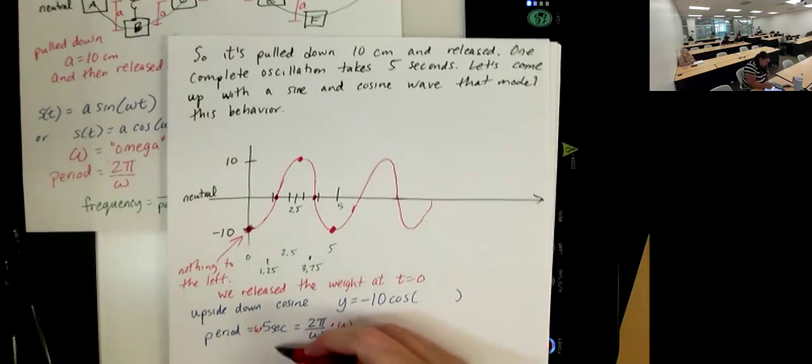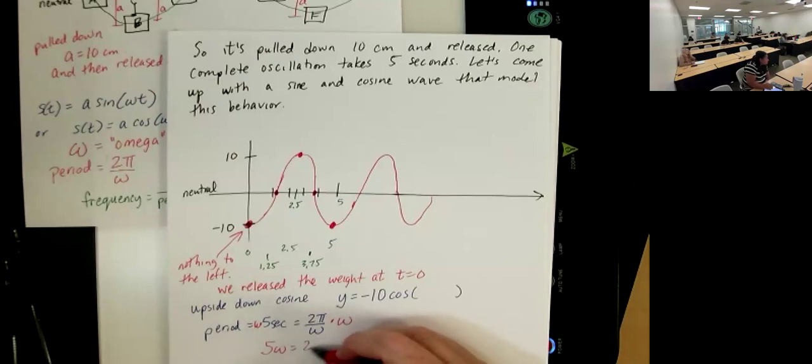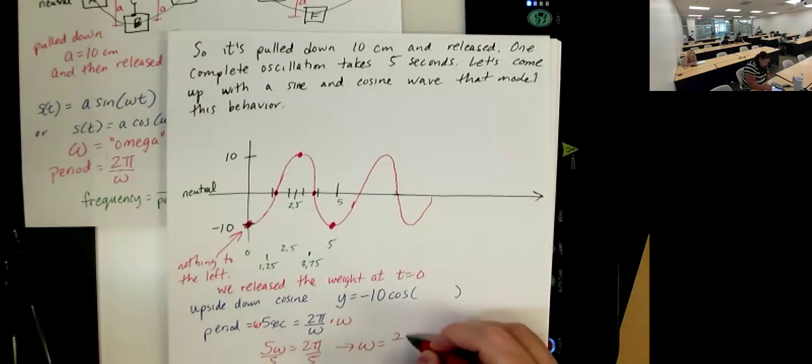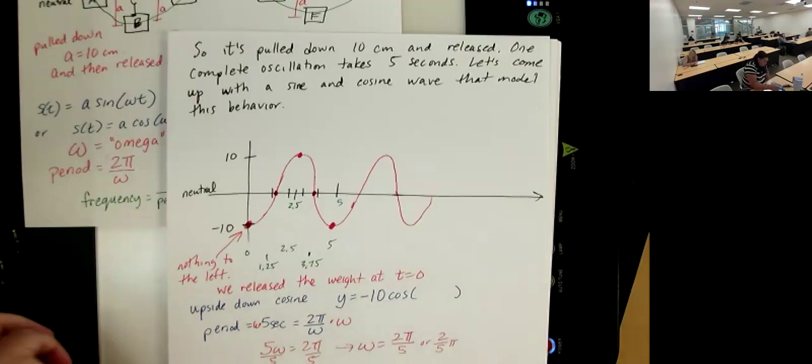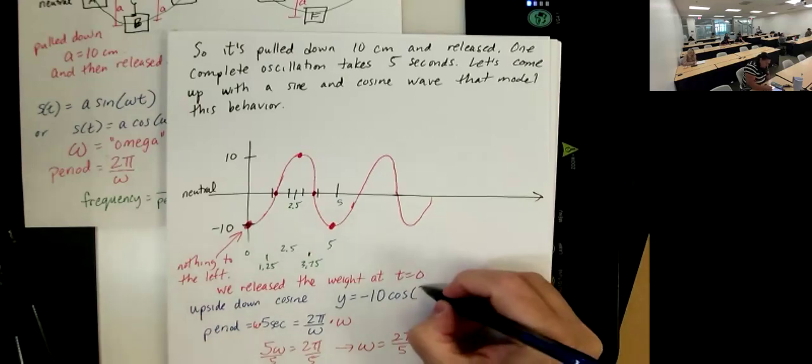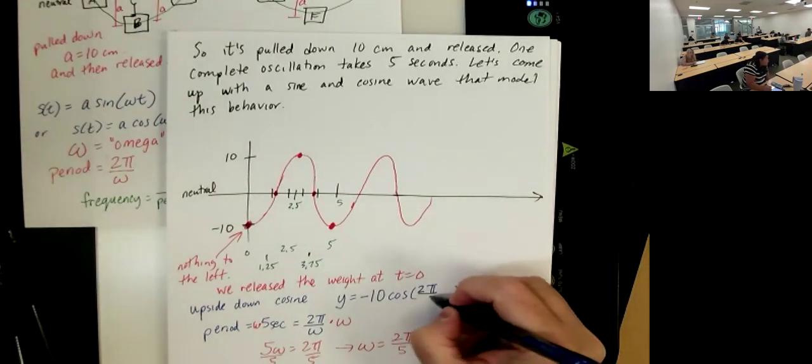I get 5 omega equals 2 pi. Divide by 5, and I get omega equals 2 pi over 5. Or 2/5 pi, if you like it like that. I like 2 pi over 5. That's my omega. That's what I'm going to put in there for that.